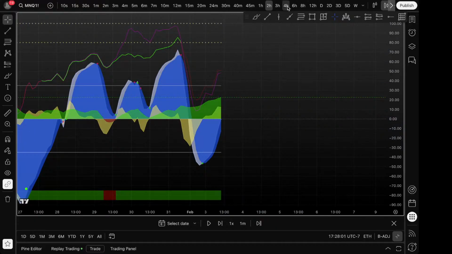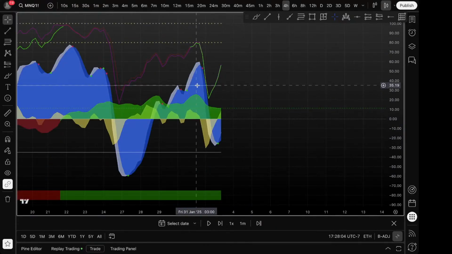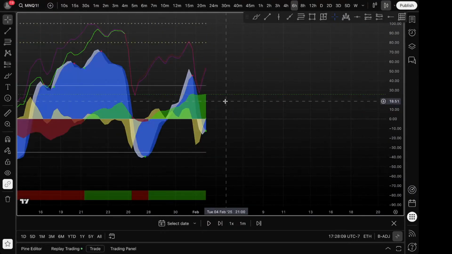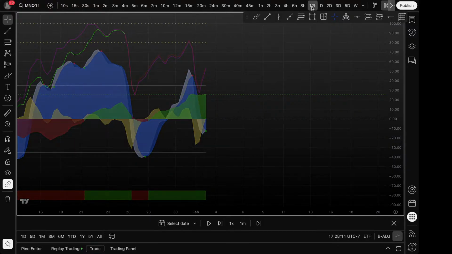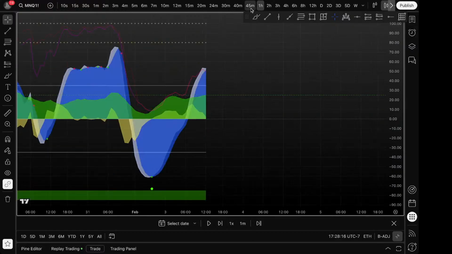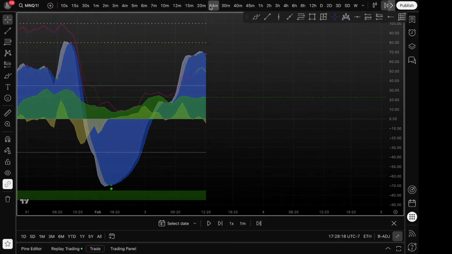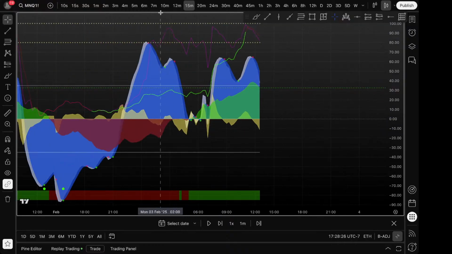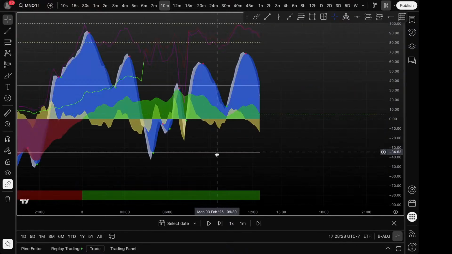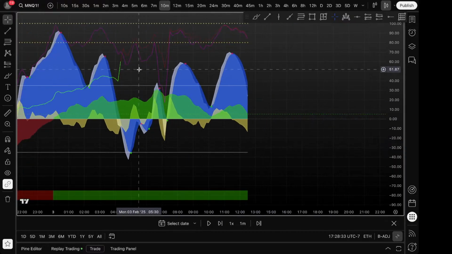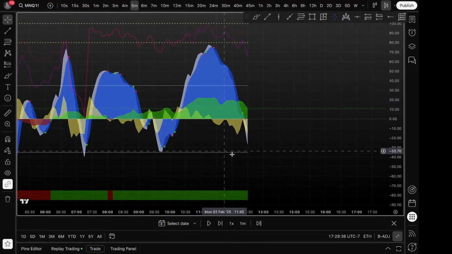2 hours doesn't quite agree. 4 hour wants to go higher. 6 hours higher. 12 hour sideways. There's no alignment right now from high to low, but we do have a scalp for the bears playing out.